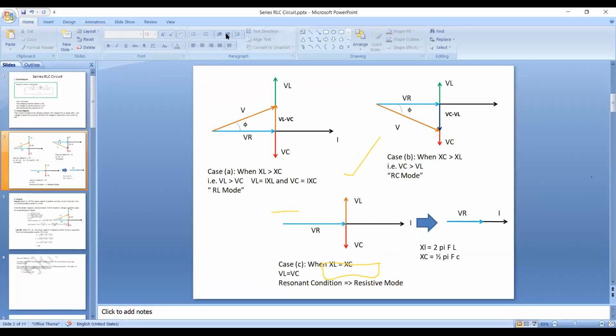So V is nothing but the resistive drop. There is no other element left in the circuit. So V is equal to VR for case C, and this case C is also called the resonant condition. So that's all about your series RLC circuit.